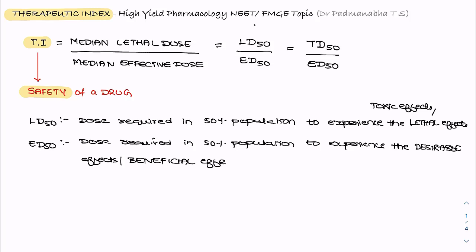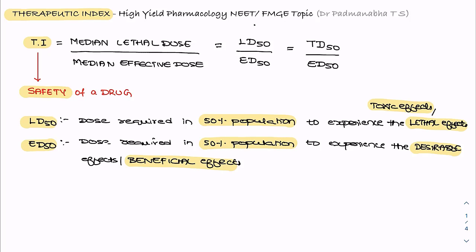So the LD50 tells you about the dose which is required to produce the lethal or toxic effects in 50% of the population, whereas the ED50 tells you about the desirable or beneficial effect that will be produced in 50% of the population.